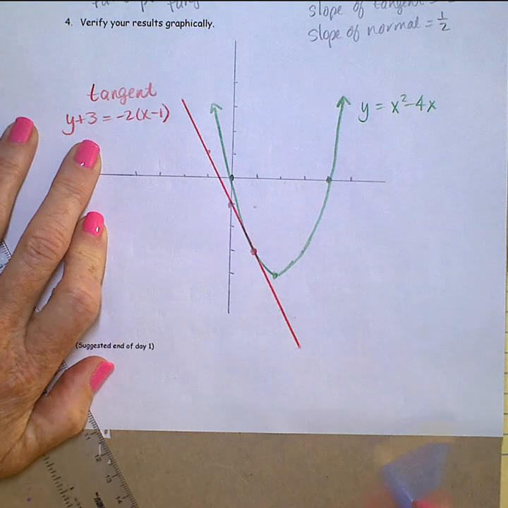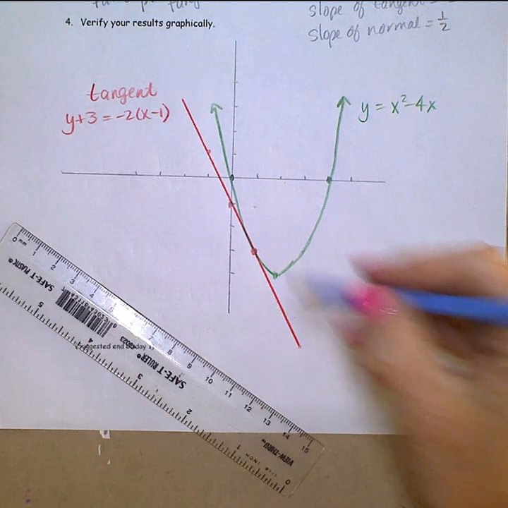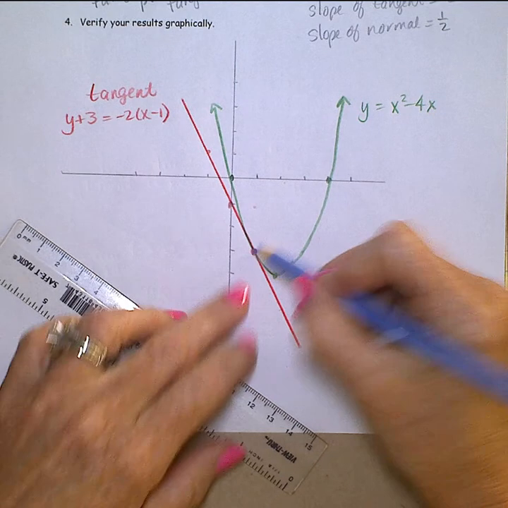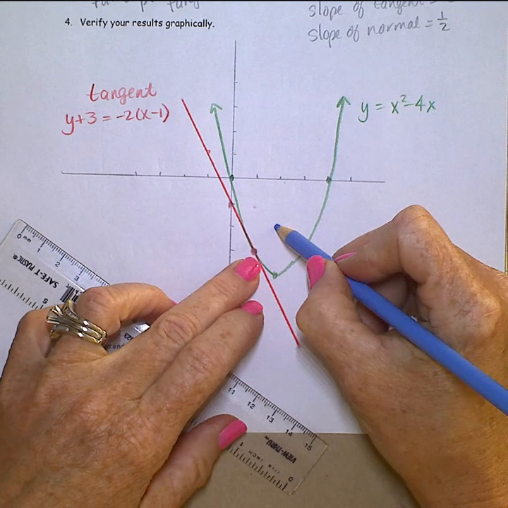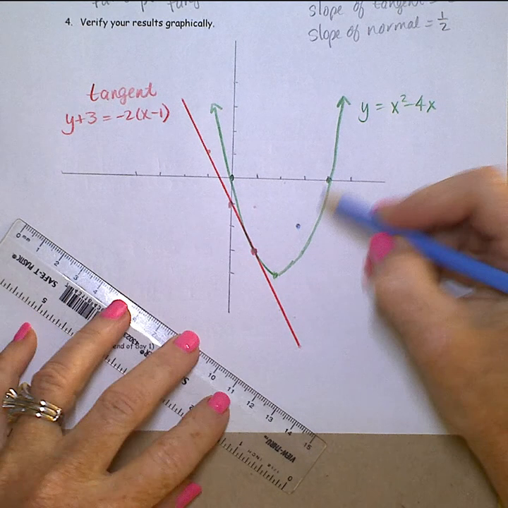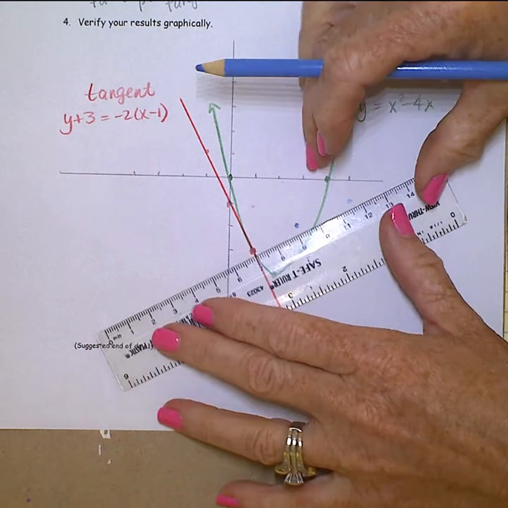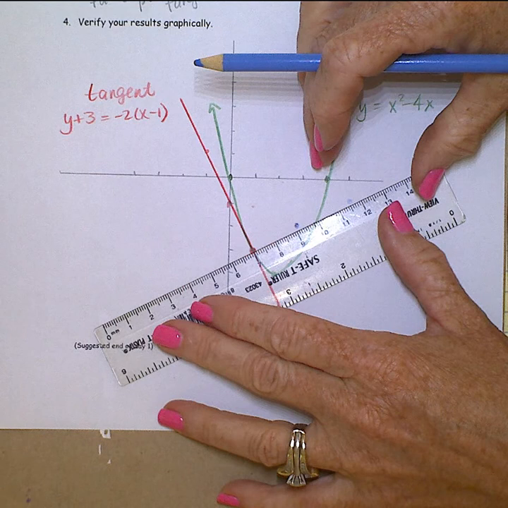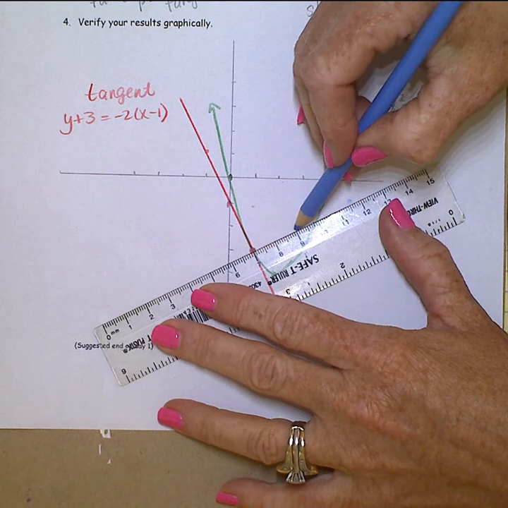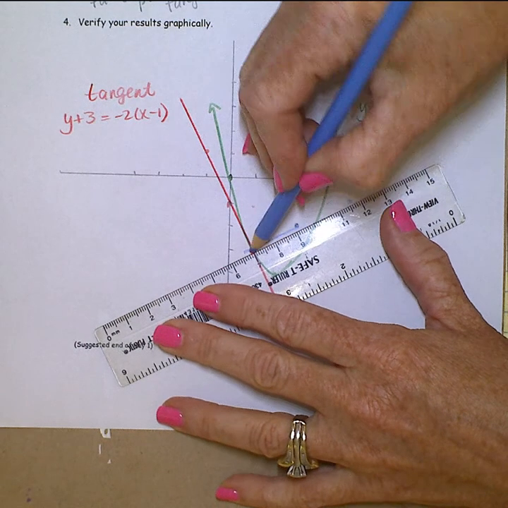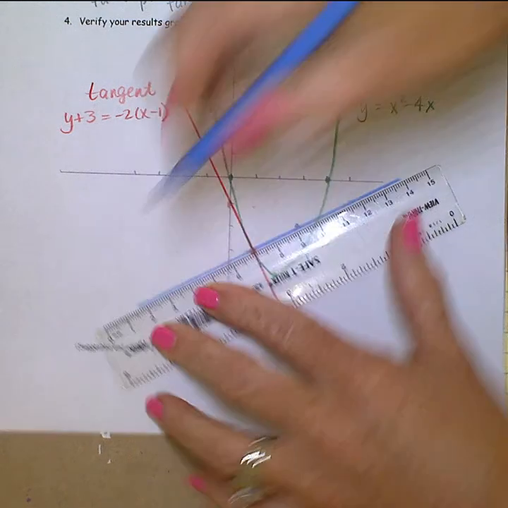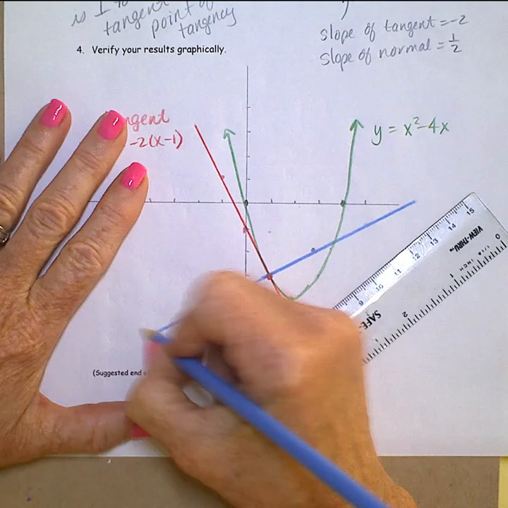And the normal, same point of tangency. Slope is a positive half. And when you put those in, you absolutely should see perpendicular lines here. Here's the normal.